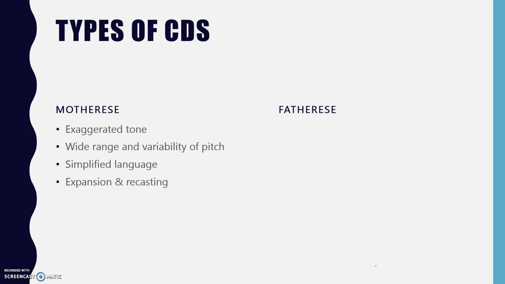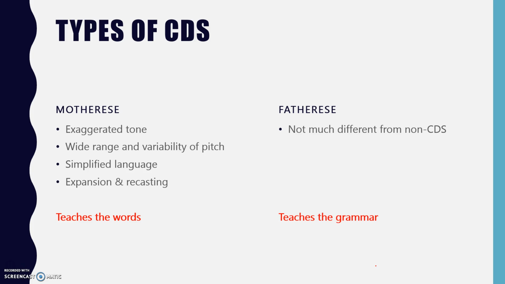Motherese uses a lot more CDS features, whereas fatherese doesn't use them so much. I like to think of motherese as teaching the words and making sure the child learns the language, whereas fatherese teaches the grammar and the structures, and demonstrates how adults speak, basically.